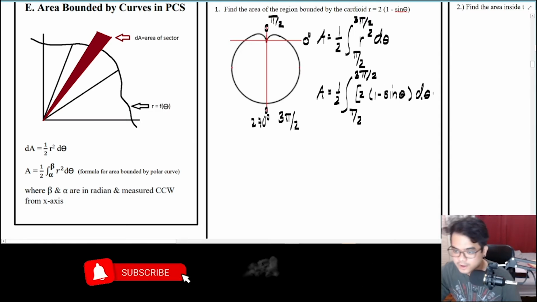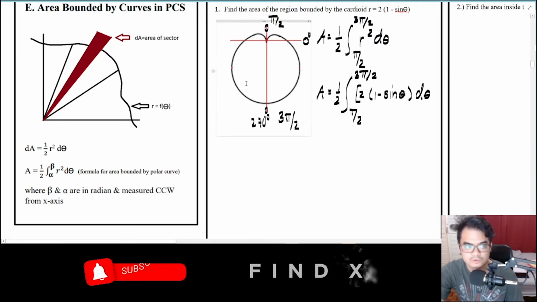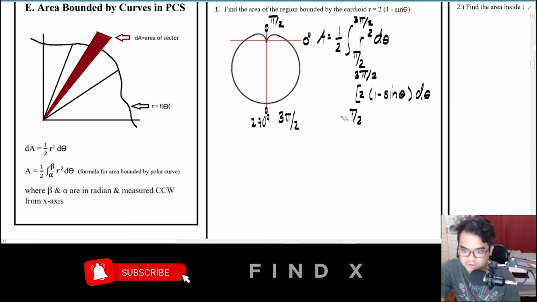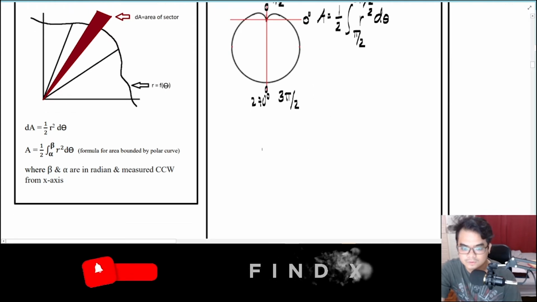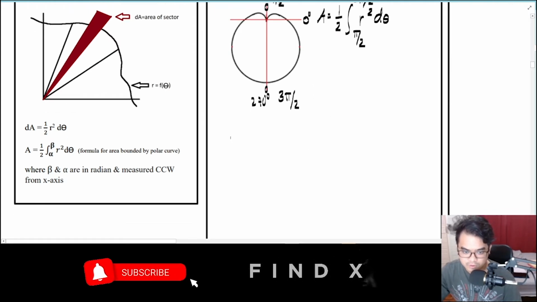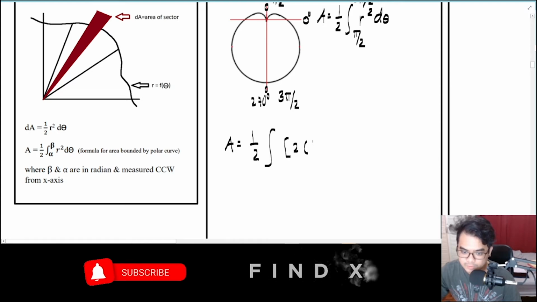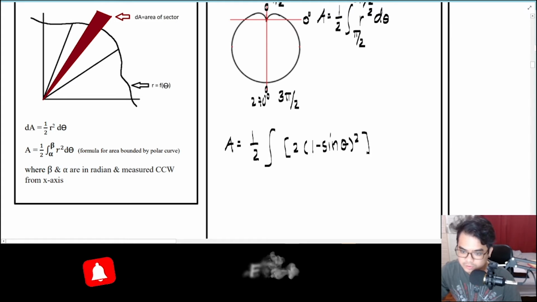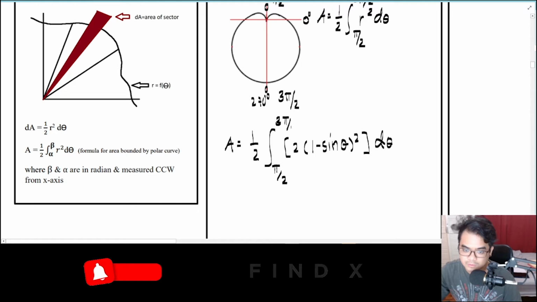But there's not enough space, so let me just rewrite this again. A will be equal to 1/2 integral of the quantity 2 times 1 minus sine theta, squared, d theta, and then the limits are pi over 2 to 3 pi over 2.